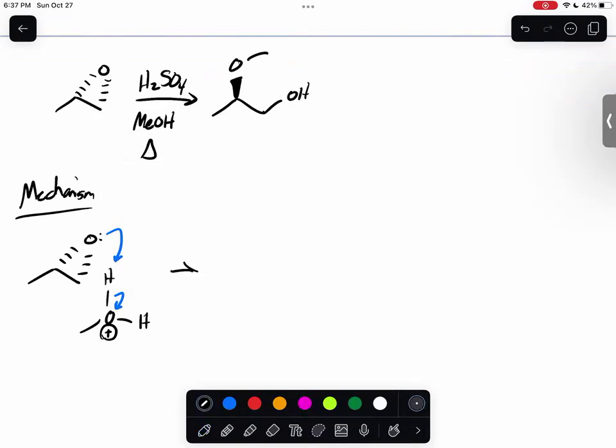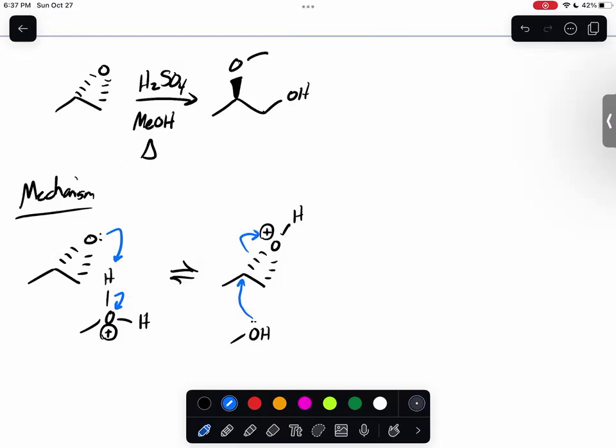What this does is it generates this three-membered ring with the protonated alcohol. And this thing is incredibly unstable.